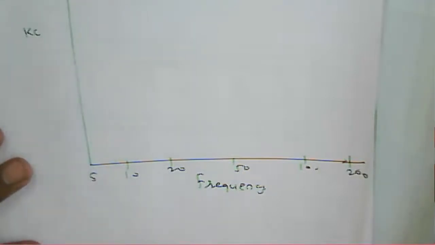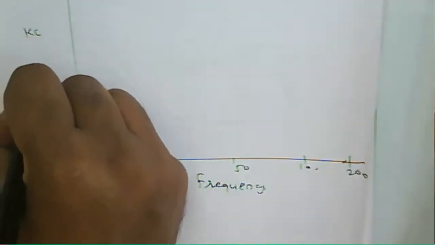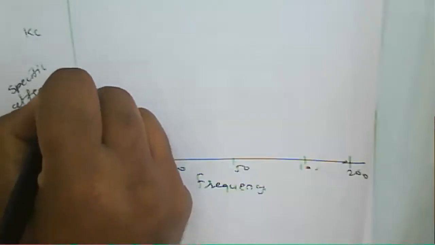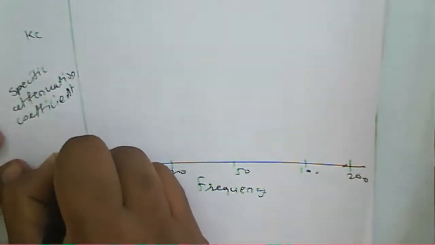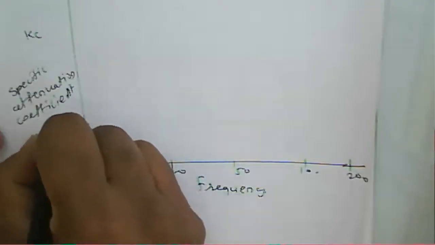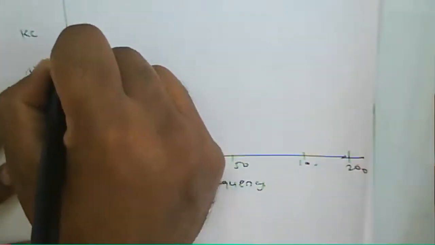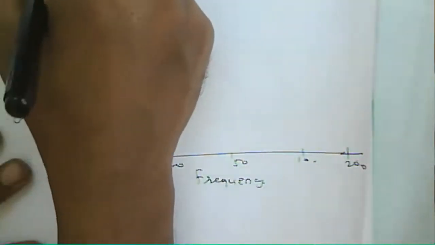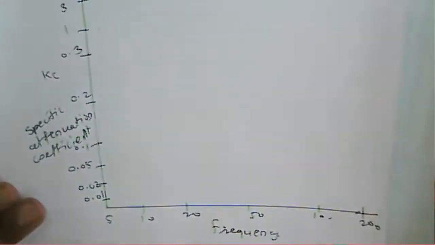And this one is the specific attenuation coefficient, from 0.01, 0.02, 0.05, then 0.1, 0.2, 0.3, then 1, then 3, 5, then 10 here.